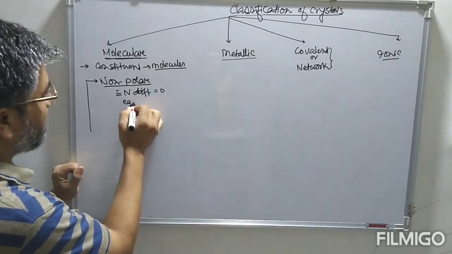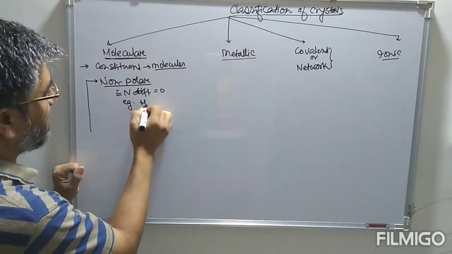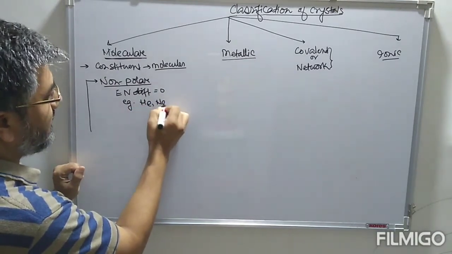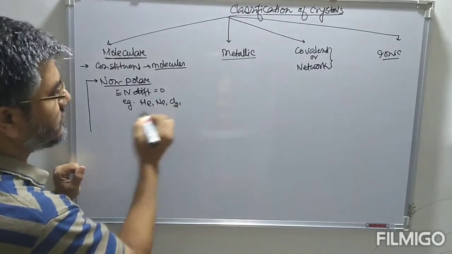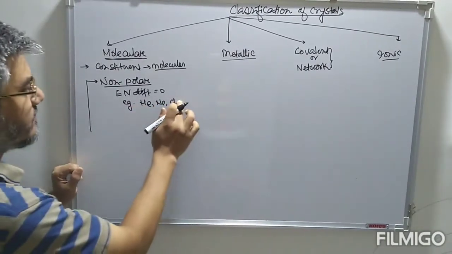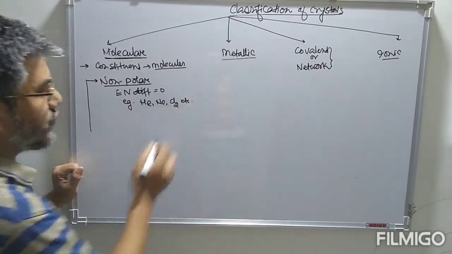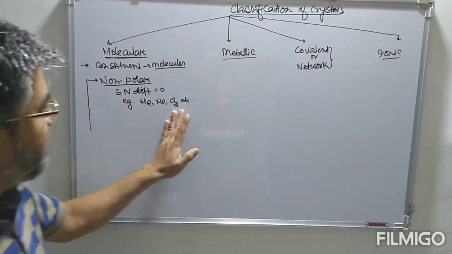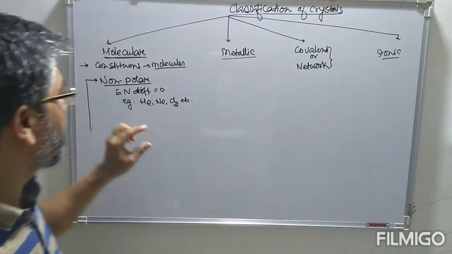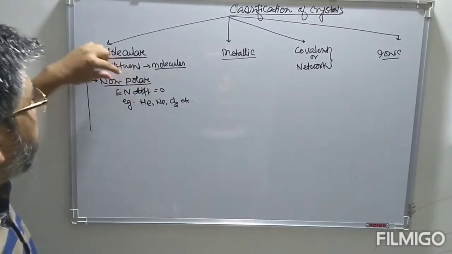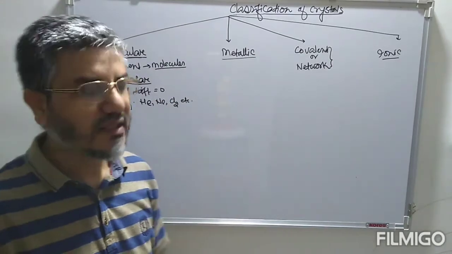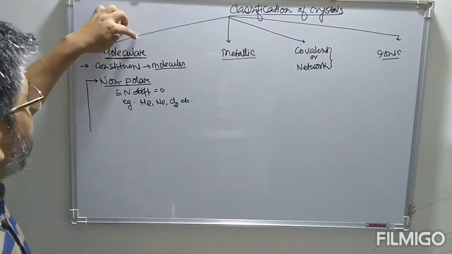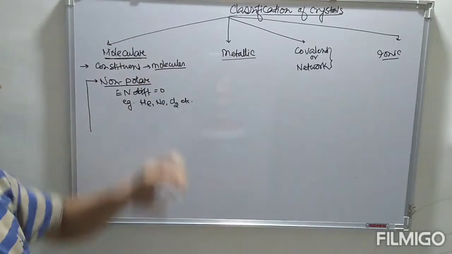We have this example: helium, neon, Cl2, etc. So these are molecules in which the electronegativity difference between the components is zero, and these molecules are known as non-polar molecules. If they can be crystallized, then these come under molecular non-polar crystalline solid.